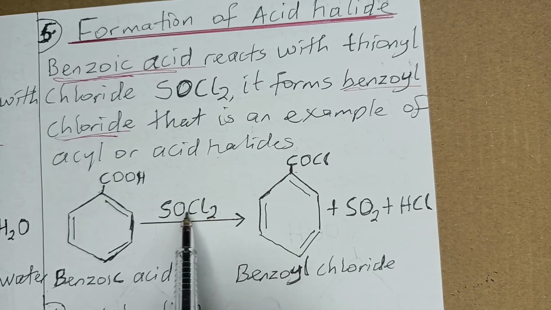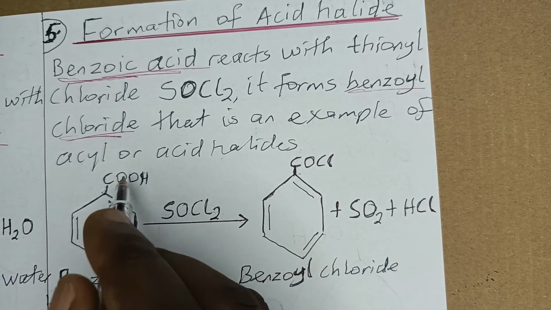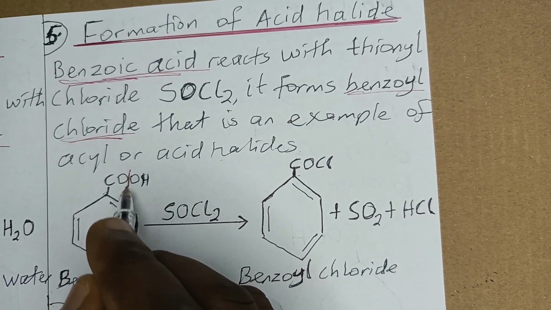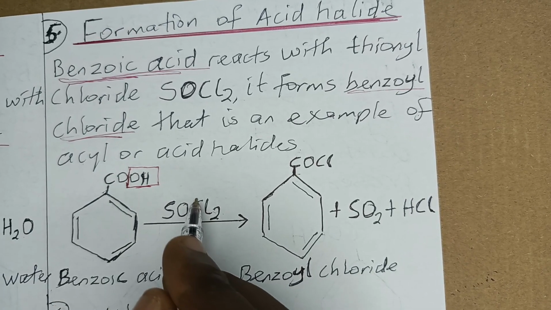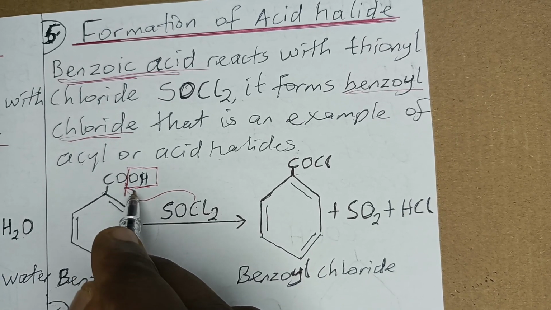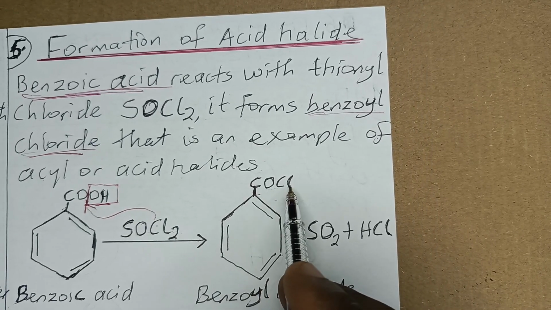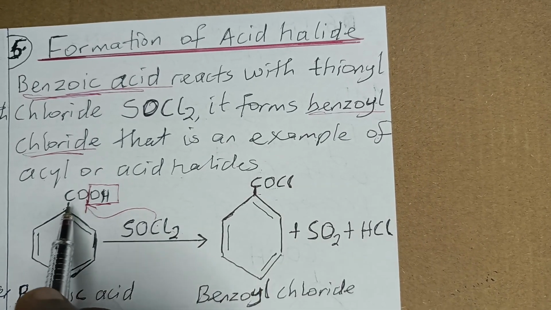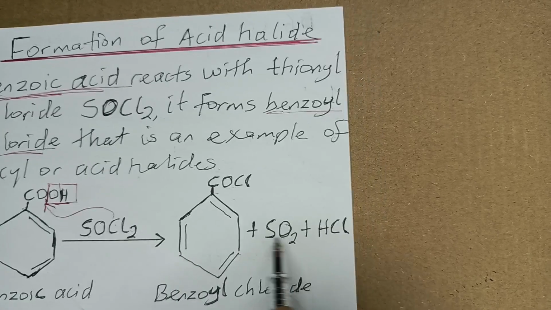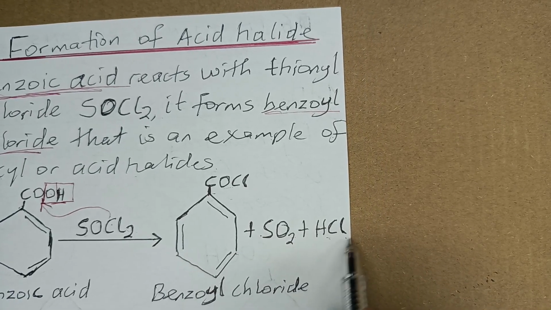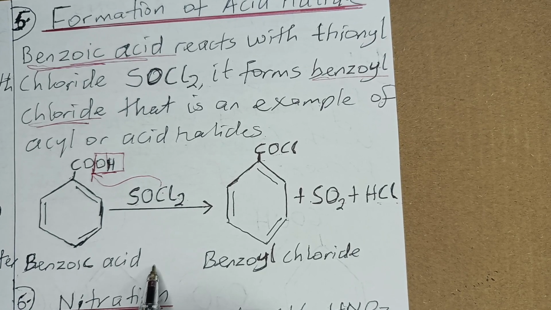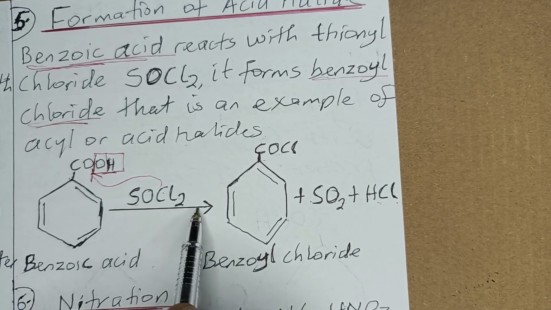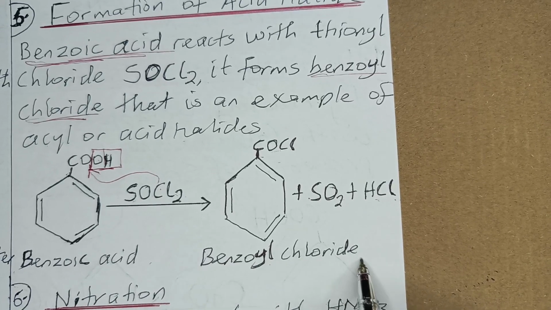When it reacts with this, what happens? Now the OH at this level goes. One of the chlorine comes in replacement. So that's what happens here, with another one here to form SO2 plus HCl. So benzoic acid can also undergo reaction with SOCl2 to give us benzoyl chloride.